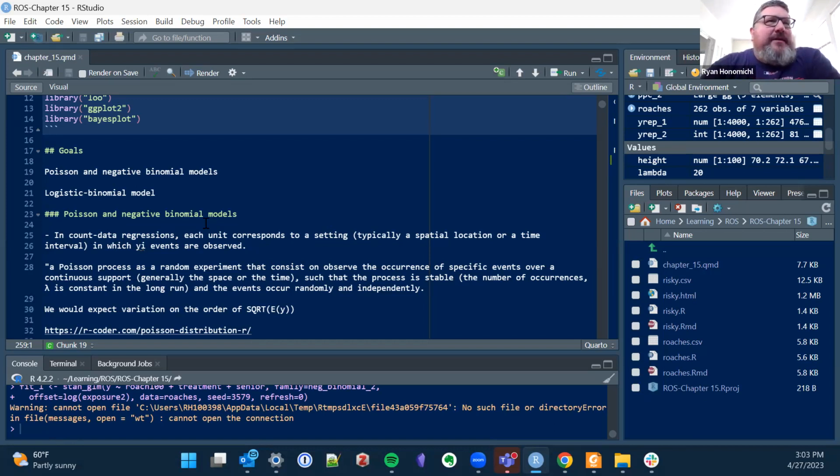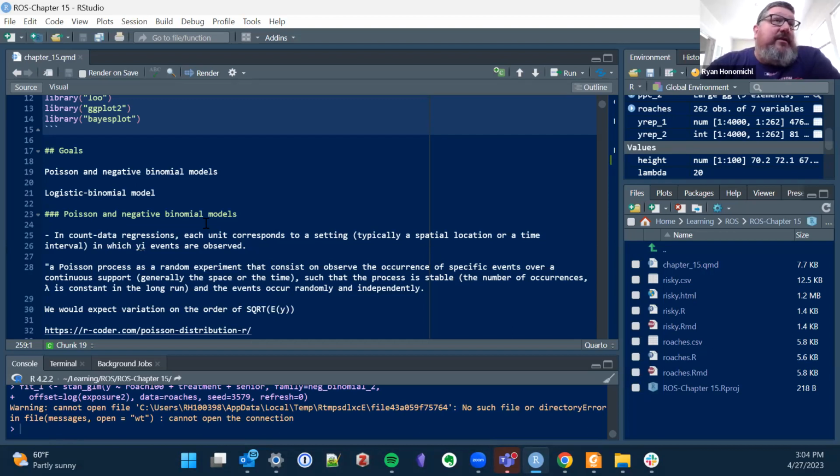But anyway, this idea of counts is event based, and it's a little bit more complicated than perhaps what we're used to. So a couple of quotes from the book. We're going to focus on Poisson and what are called negative binomial models. Those are both count-based models.